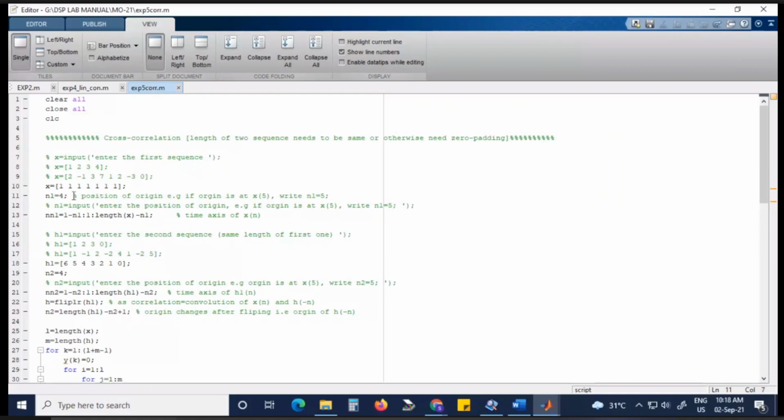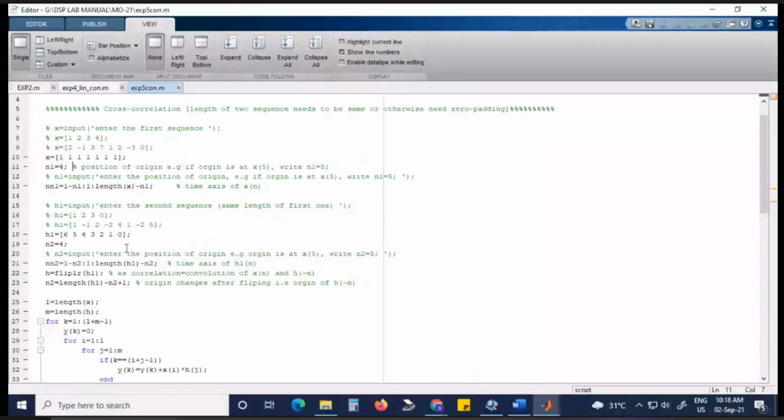Similarly, I have considered another sequence h1. You can see I have highlighted it with blue, whose sequence is 6543210, and it has the same origin at the fourth position, n2 is equal to 4.